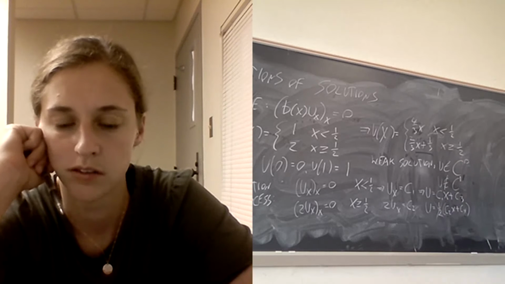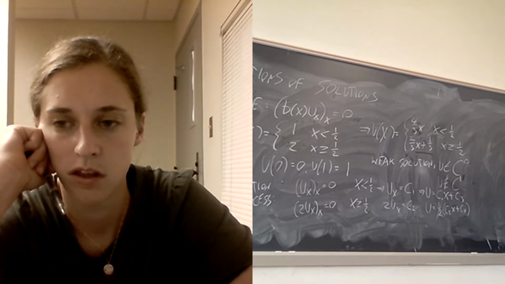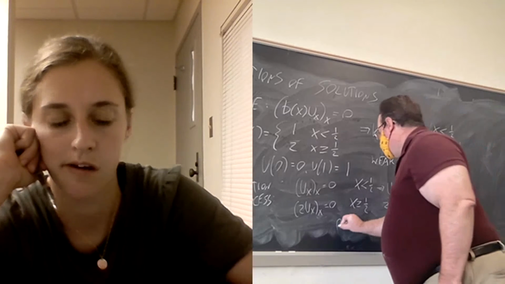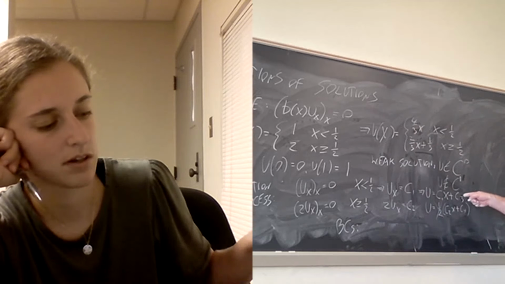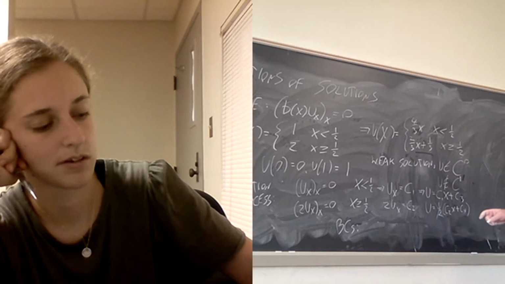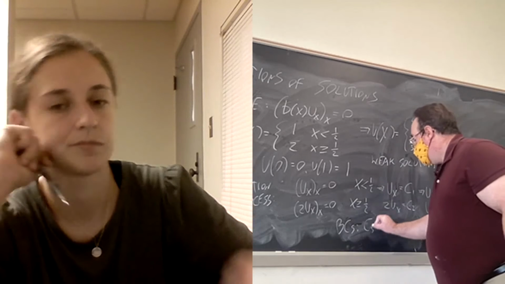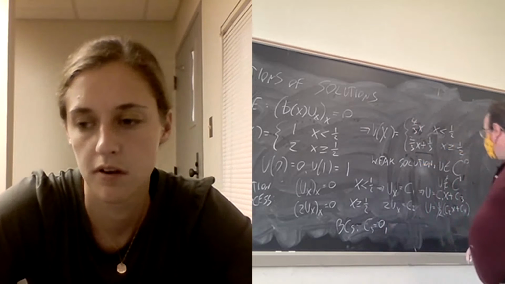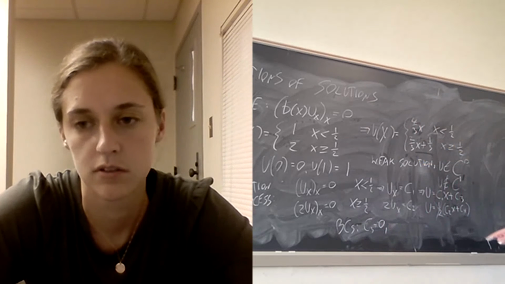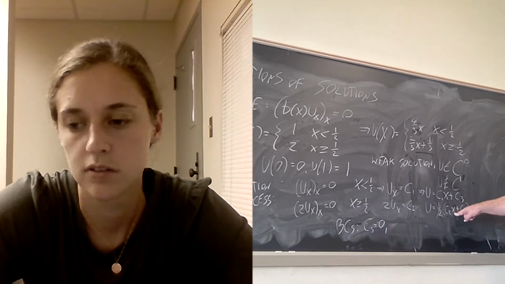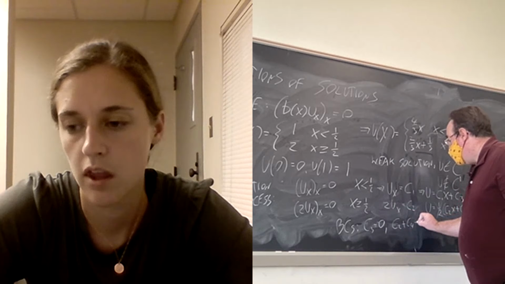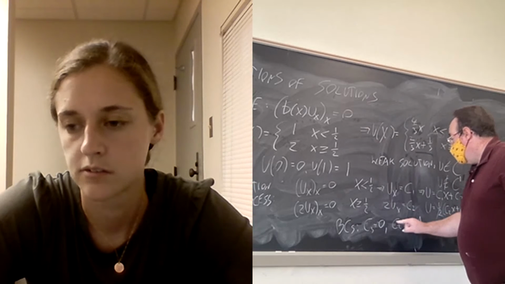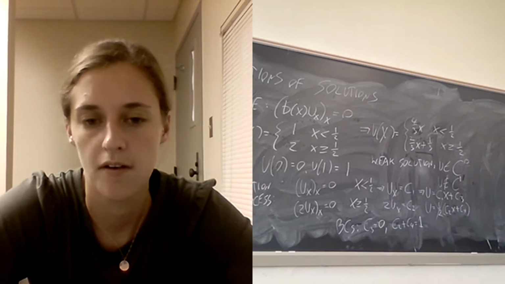I plug in x equals 0, x equals 1. So from the boundary conditions, if I plug in x equals 0, I must get 0. So C3 has to be 0. Also, if I plug in x equal to 1, that would apply over here. So C2 plus C4 is equal to 1.